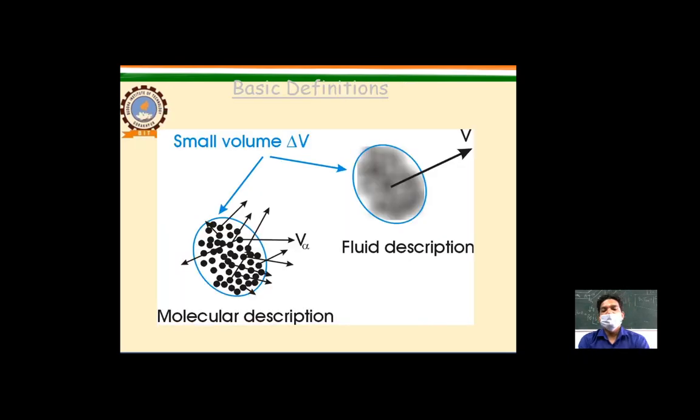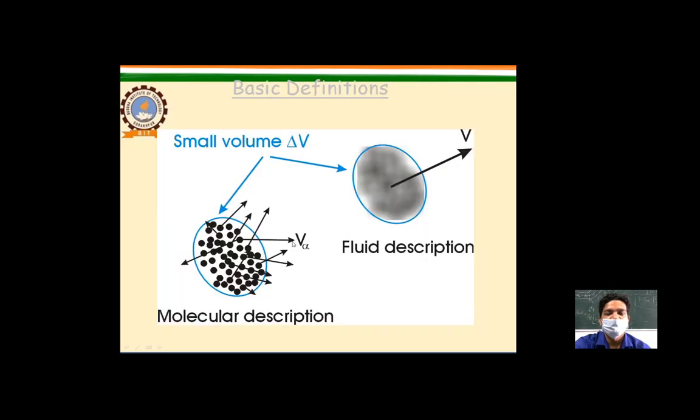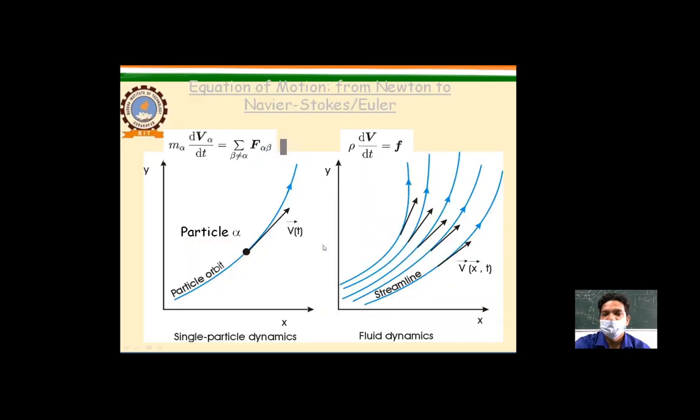Formula related to the mass density, power density, etc. Suppose this fluid particle is going with a velocity, and for this particle the small volume is represented by delta V. If these molecules are considered, it will be a molecular description, and its velocity will be represented by V alpha.